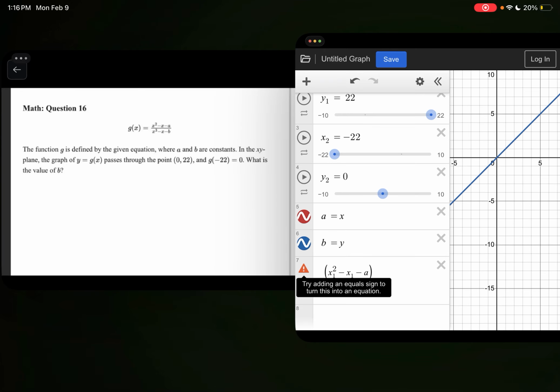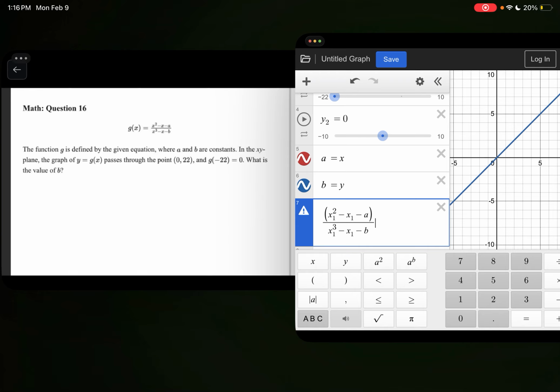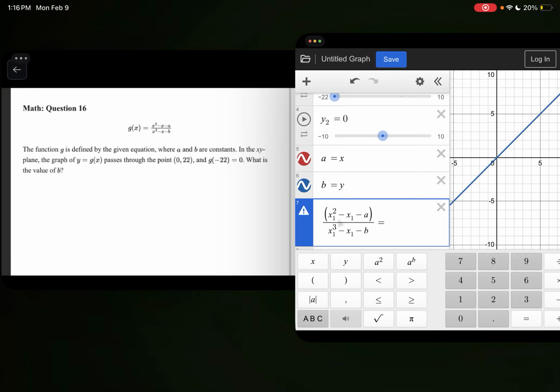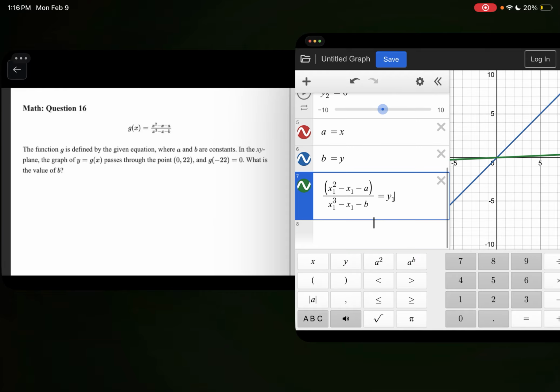Oh, what happened? Is an equal sign. Yeah, okay, and this is all equal to y1.